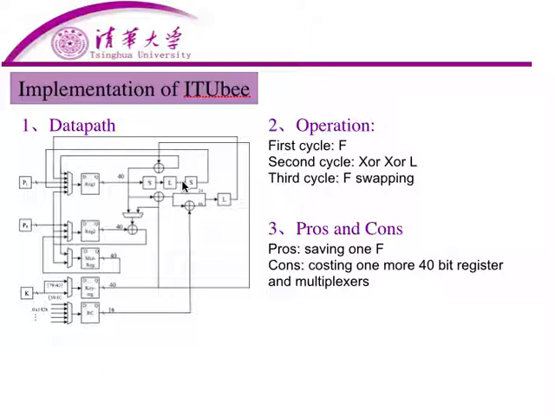Of course, the disadvantage is that it costs one more 40-bit register and some multiplexers, because we need to make more branches and need one more register to save the intermediate data.